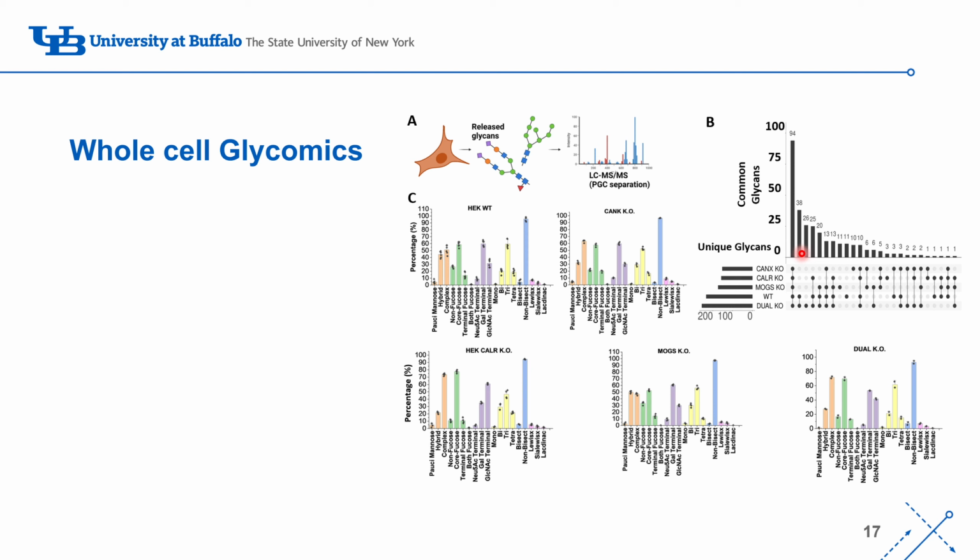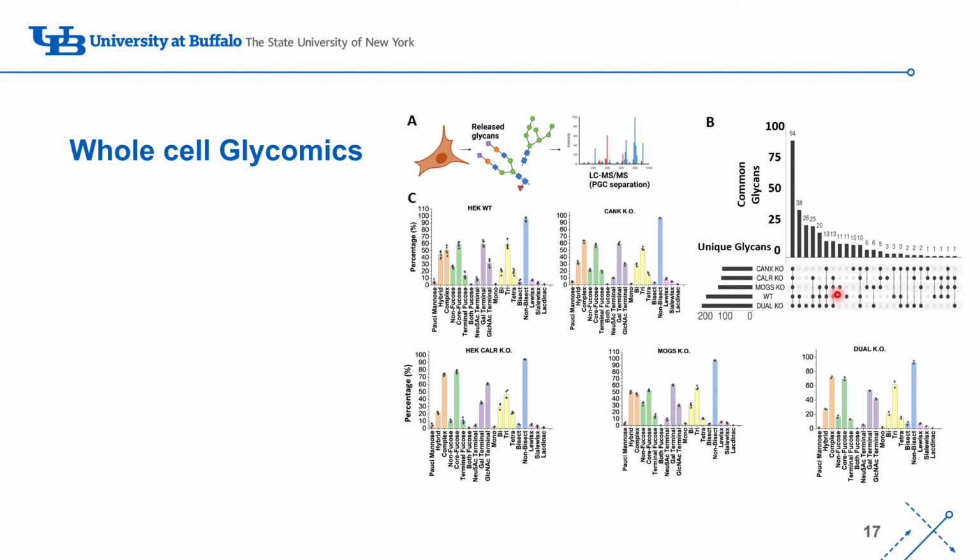So this could indicate that in the dual knockout there is a high quality control degradation, and most of these glycans could be within the cytosol or within the cells. We can say that because we do not see any significant changes in the dual knockout on the cell surface glycan motifs.